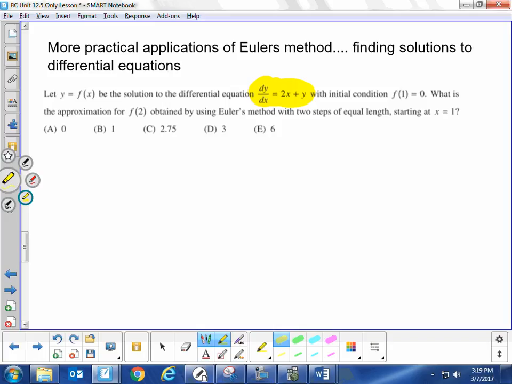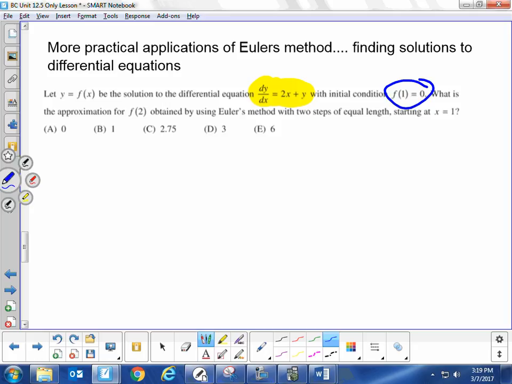Well, we're not going to solve it. Instead, we're going to approximate the solution using Euler's method. This is telling me what the slopes of my tangents are going to be. I don't know what my solution looks like. I don't know what the curve looks like. But I have a point. And I know what the slopes are at any point.